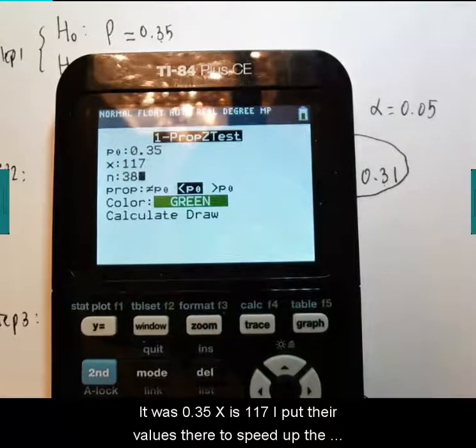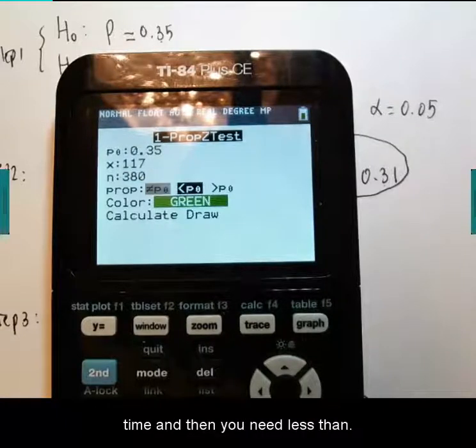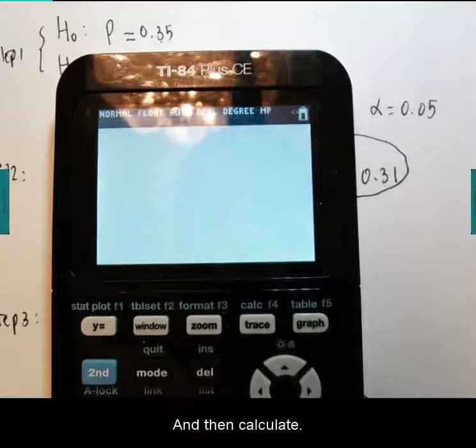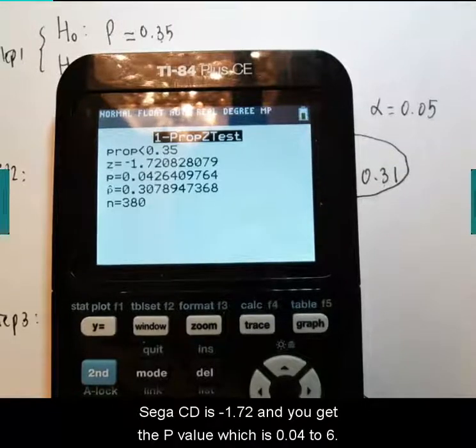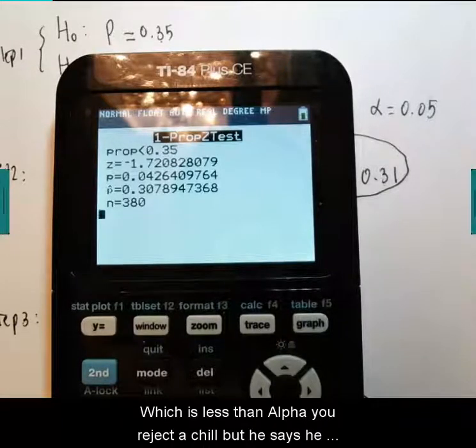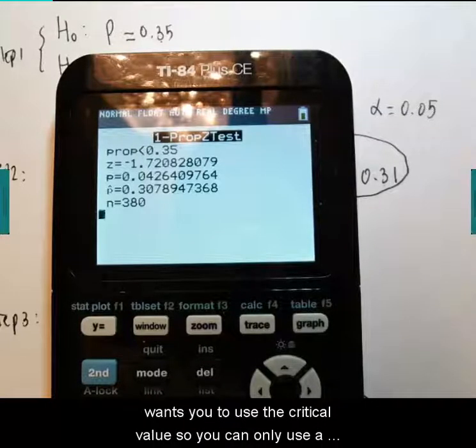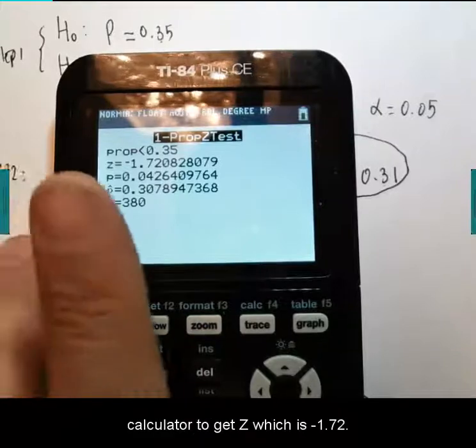I put the values there to speed up the time. And then you need less than, and then calculate. So you get Z is negative 1.72, and you get the p-value, which is 0.0426, which is less than alpha. You reject H0, but he says he wants you to use the critical value. So you can only use the calculator to get Z, which is negative 1.72.